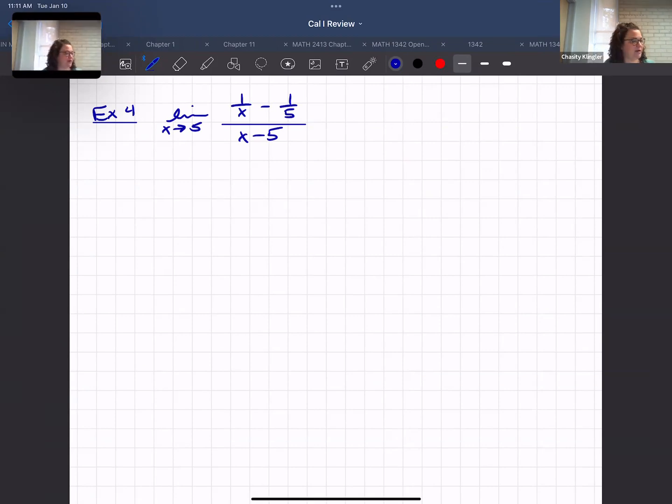The little trick here is to multiply by the common denominator, which would be 5x. So if I multiply this by 5x, that will get rid of my fractions on top. But if I do it on the top, do it on the bottom also.